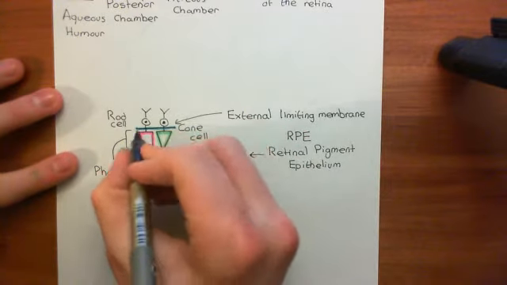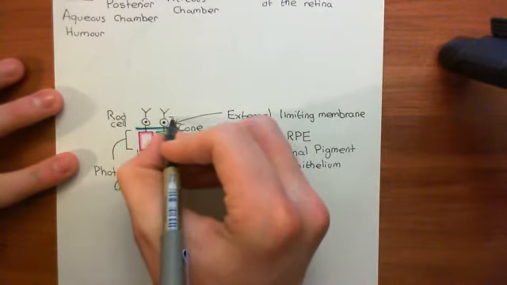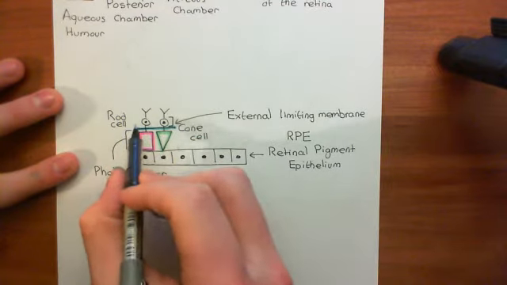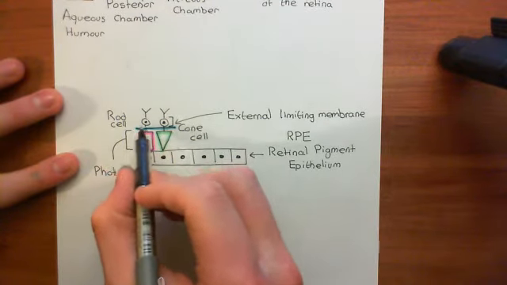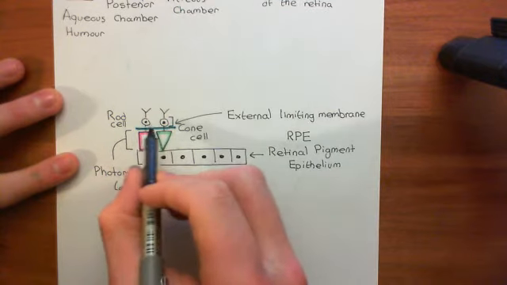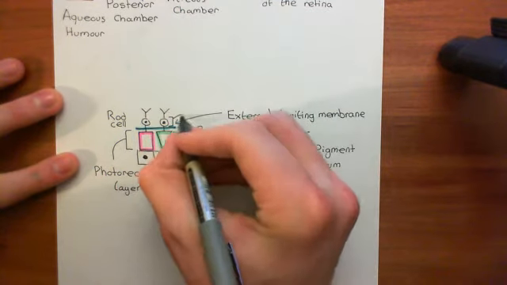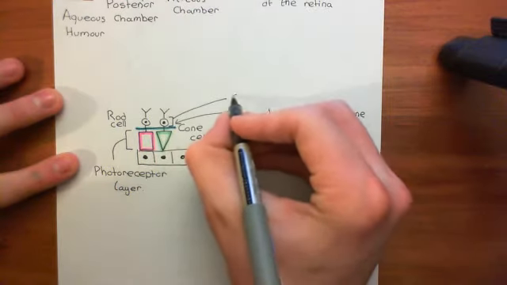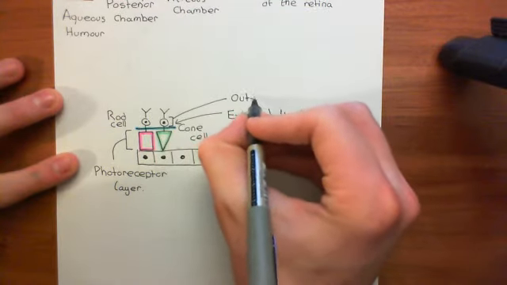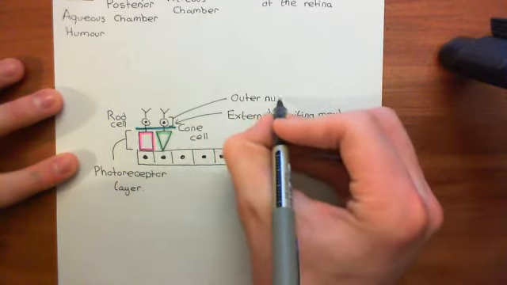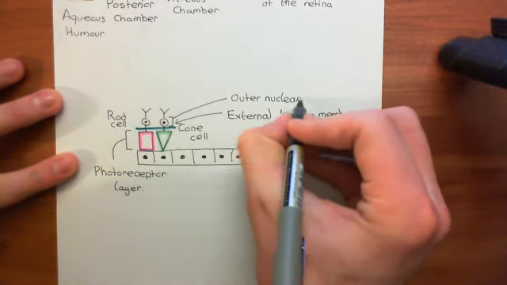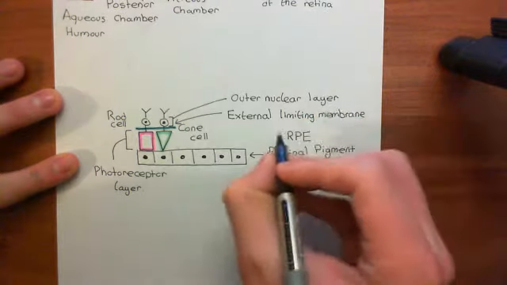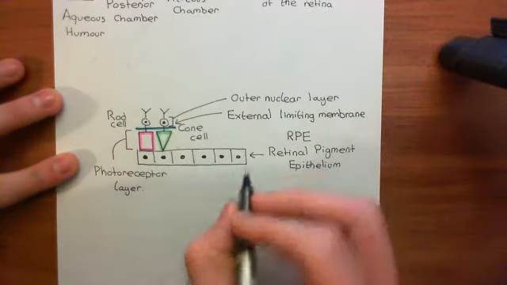Okay, now, sitting just on top of the external limiting membrane, you're going to have a layer of cell bodies, which will be the cell bodies of the photoreceptors, so the cell bodies of the rod cells and the cone cells. Okay, this layer of cell bodies is known as the outer nuclear layer. Okay, again, it's the outer nuclear layer because there's going to be an inner nuclear layer, and we are working from the outside towards the inside.